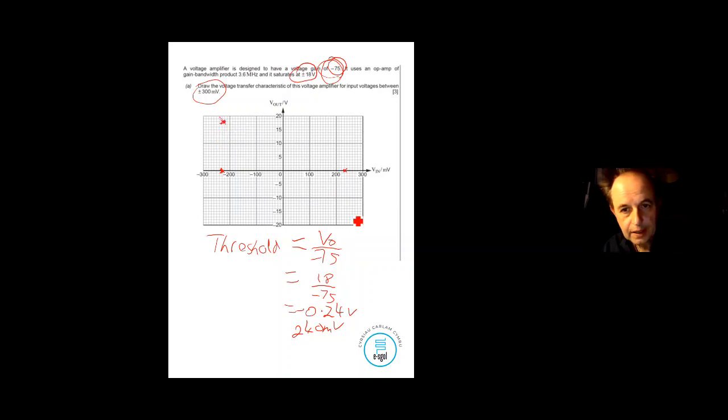I'll put it across in there, and I'll be on minus 18 on the positive value. Down there, that shows the saturation. If you've done this right, when you join those points up, you will always go through the 0, 0. Okay, so that's your characteristic of an inverting amplifier.